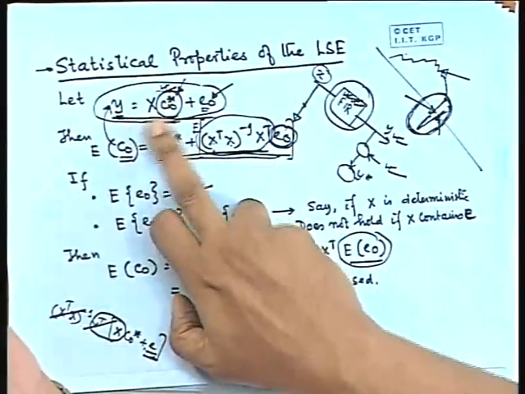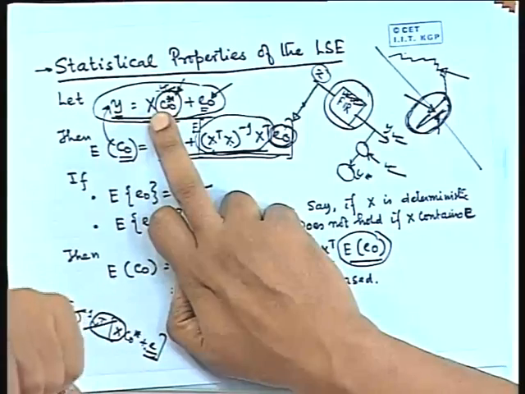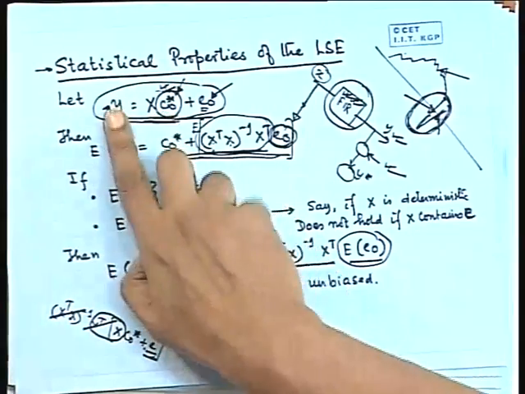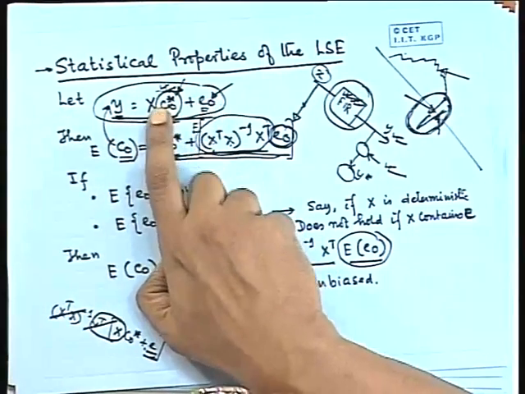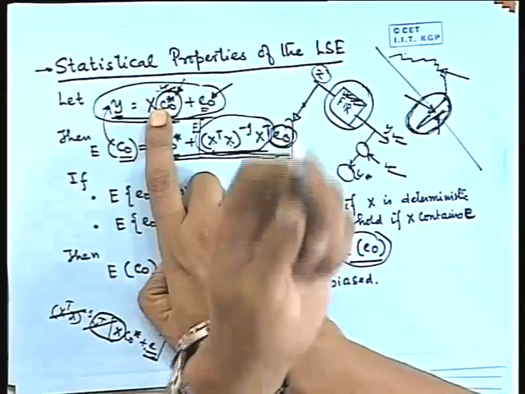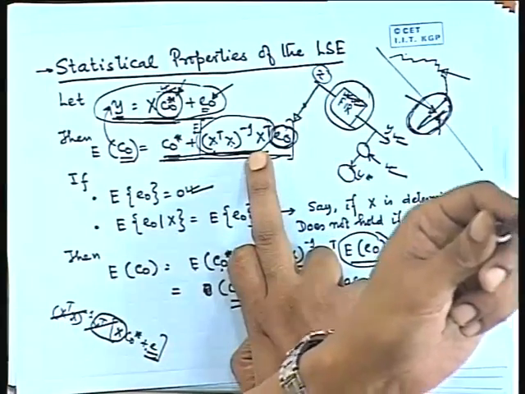Especially, when we are using this kind of model, sometimes we use an autoregressive model. That is, X contains past samples of Y. Now Y contains E. So the past samples of Y also contain the past samples of E. Now if the past samples of E and this sample of E are correlated, that is, they are not white, then you cannot write this.